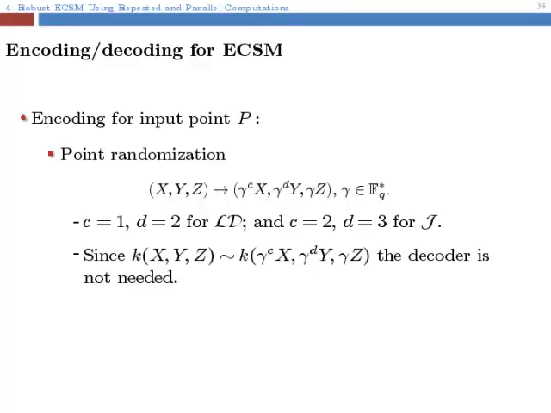We consider that other modules are less complex and are implemented in a secure environment, in software or hardware. And also we consider that the input and output are in projective coordinates.